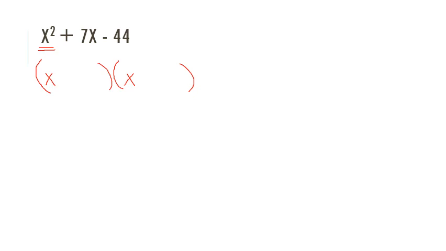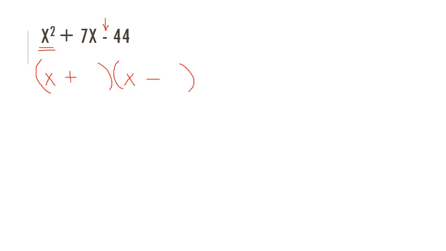Now, the next step I do is I look at the sign in front of the constant at the end of the trinomial. If it is a minus sign, I know that 2 things have to multiply together to make negative 44. The only way to get a negative product is to have a positive number and a negative number. So I'm going to go ahead and put my plus sign and my minus sign.